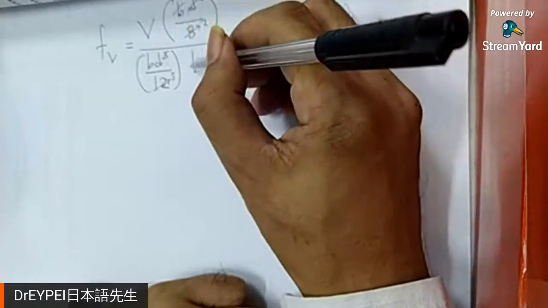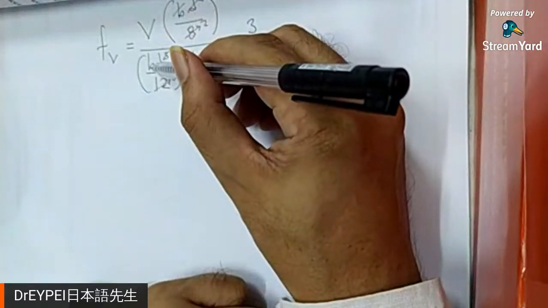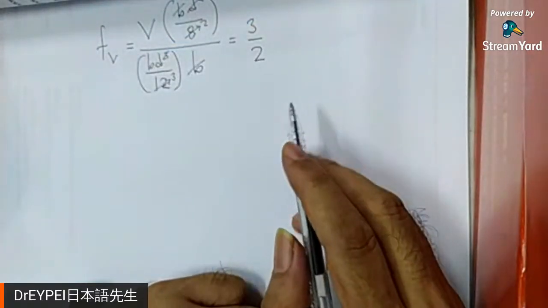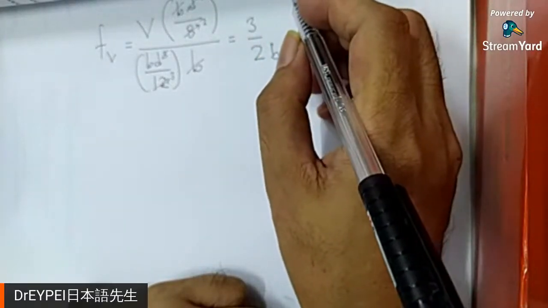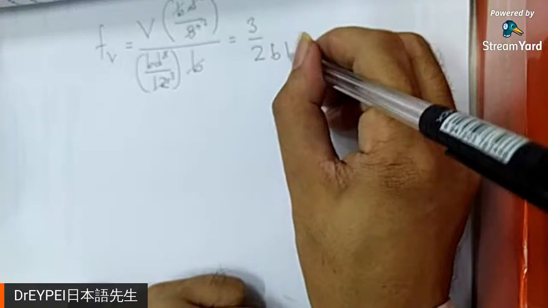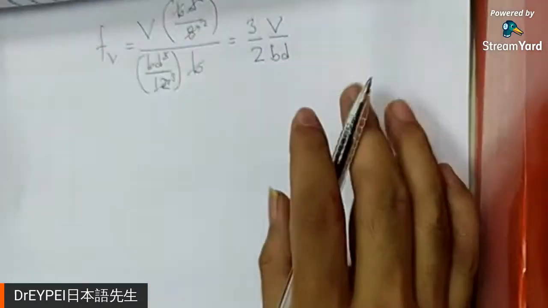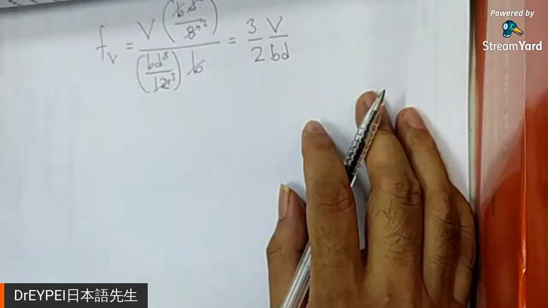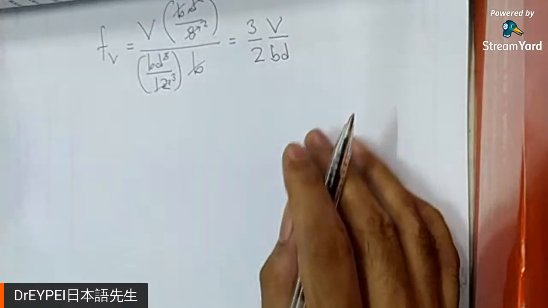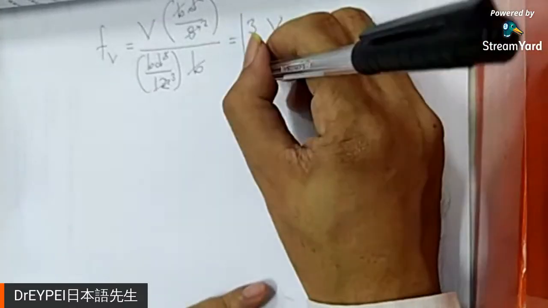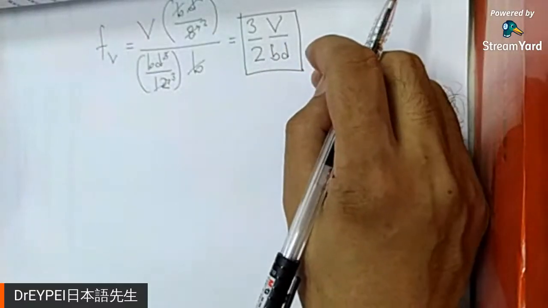This B will cancel out. Then we are left with this B. So this is our formula for rectangle. So this formula is for rectangular cross section. Take note of this.